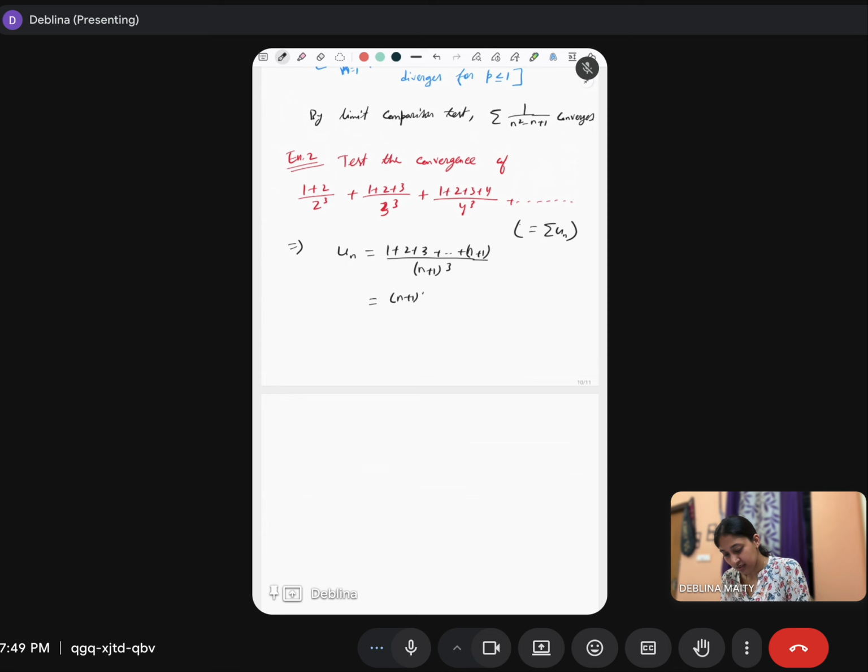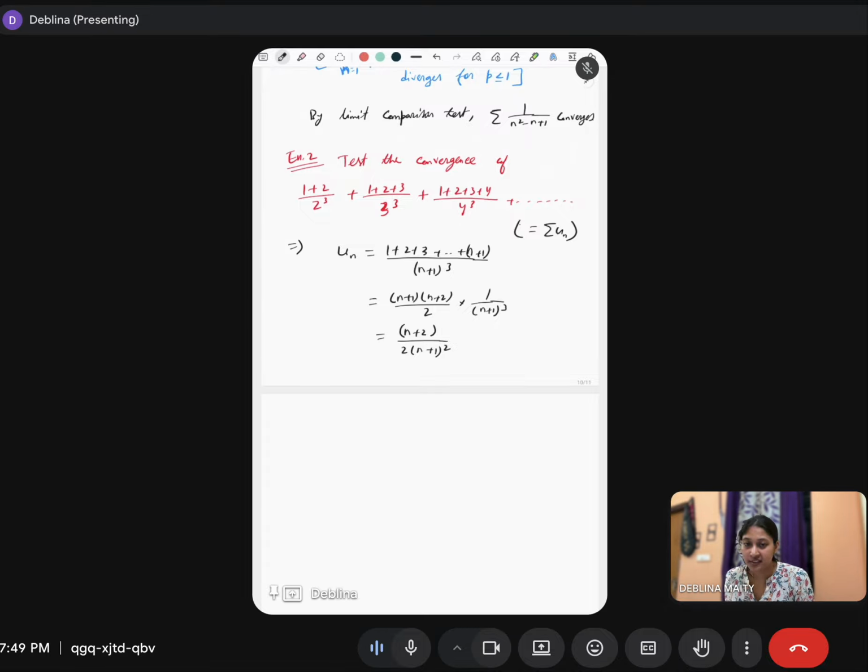So it is n plus 2 by 2 into n plus 1 whole squared. So it is our un.